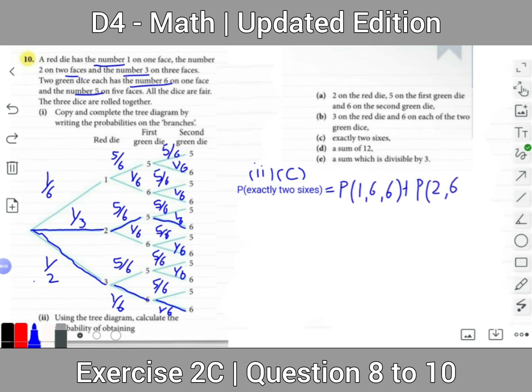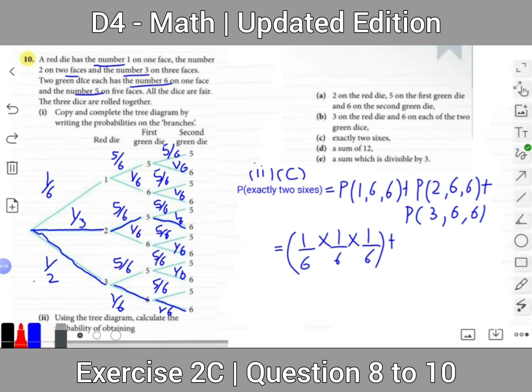From the tree diagram and by using the multiplication law of probabilities, for 166 we have 1 over 6 multiplied by 1 over 6 multiplied by 1 over 6. We will highlight the path with red for 166.